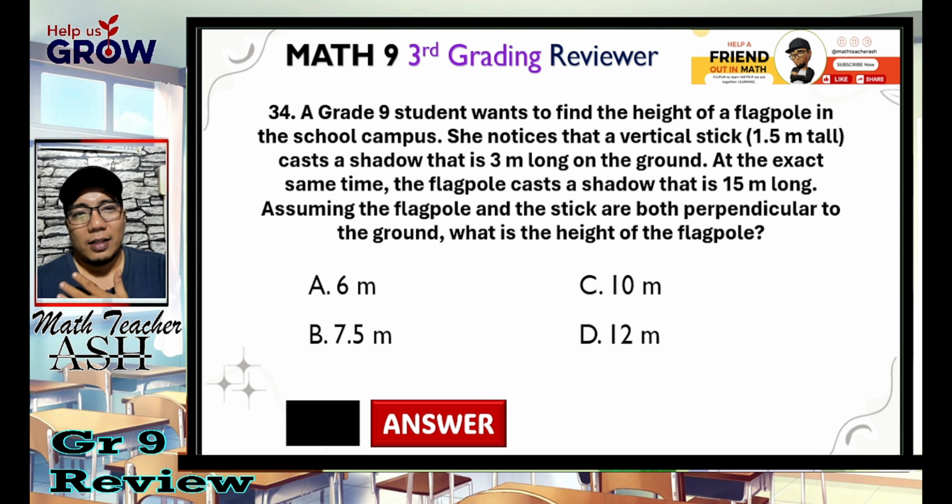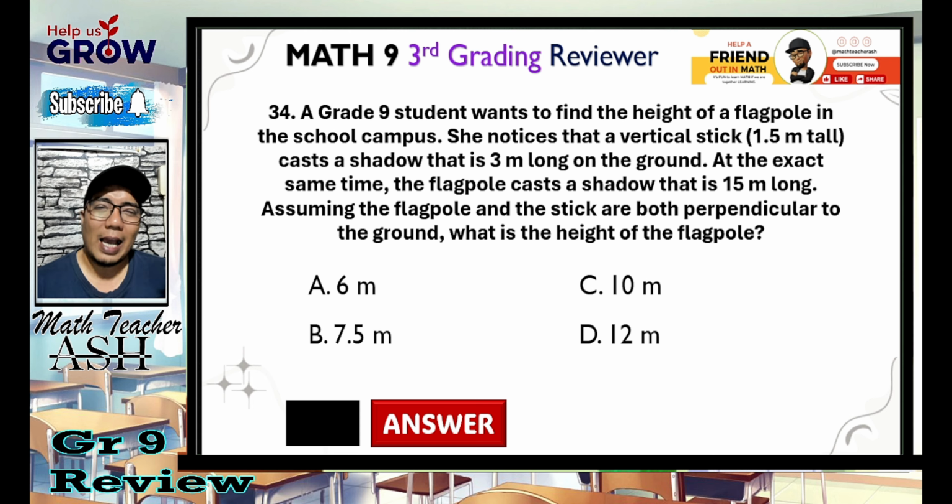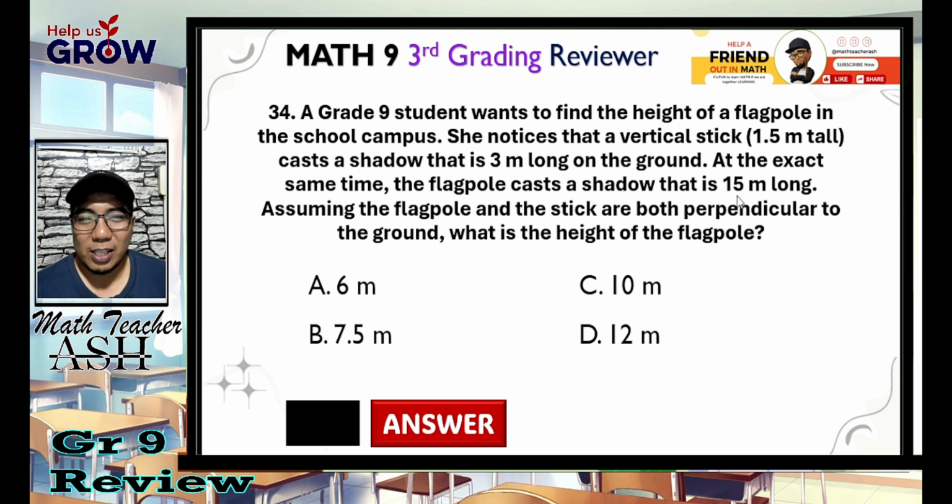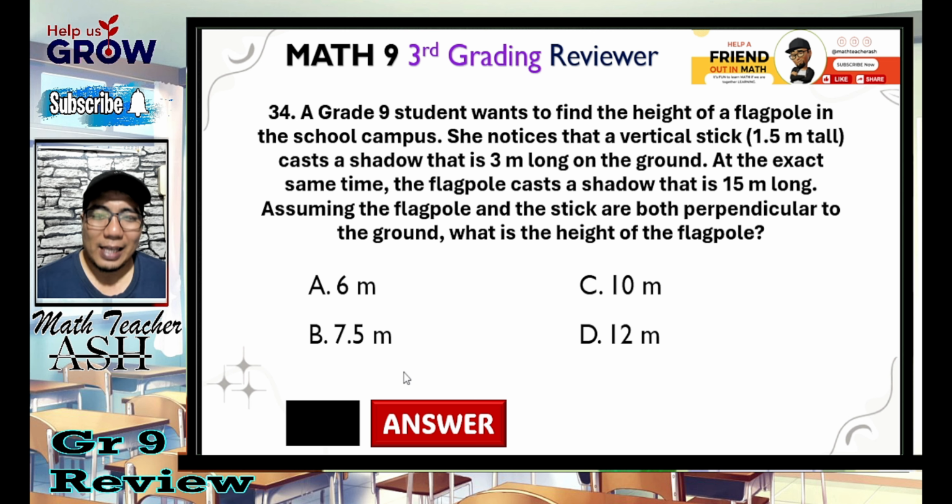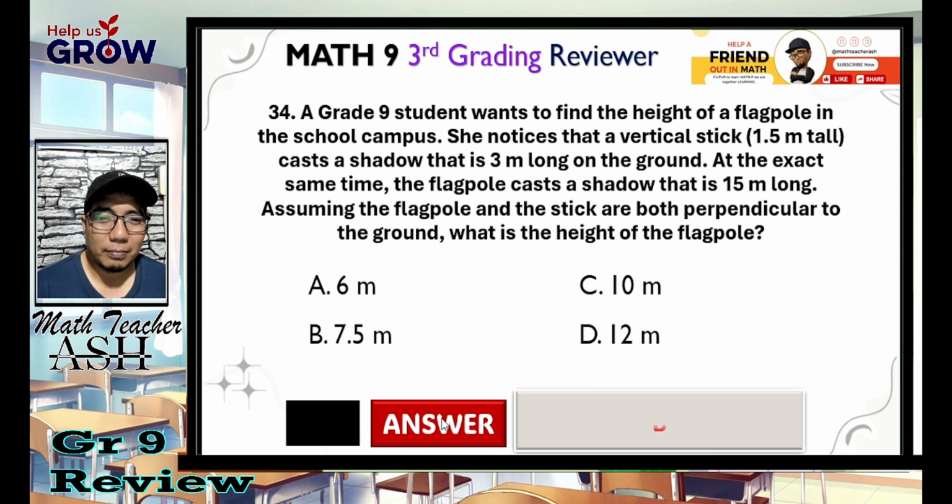So the shadow is longer, therefore the actual flagpole is shorter. If you compare 3 meters long to 1.5 meters tall, that is basically half. So you just get half of 15, and that would be the answer. That is letter B, 7.5 meters. Let's check whether we are correct.